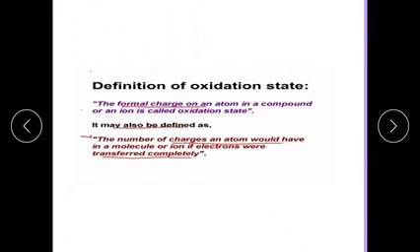The formal charge of an atom as it appears in a molecule or ion is called the oxidation state.